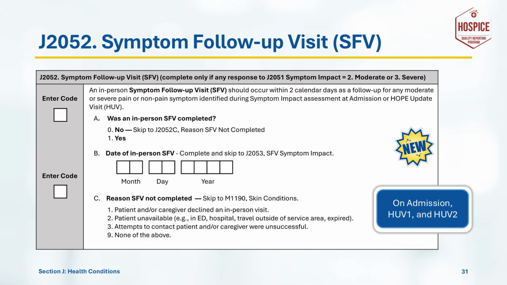The first, patient or caregiver declined an in-person visit. Or 2, patient unavailable. Some examples are given for this response. For example, traveling outside the service area or the patient expired. Attempts to contact the patient and or caregiver were unsuccessful. That's option 3. And 4 is none of the above.